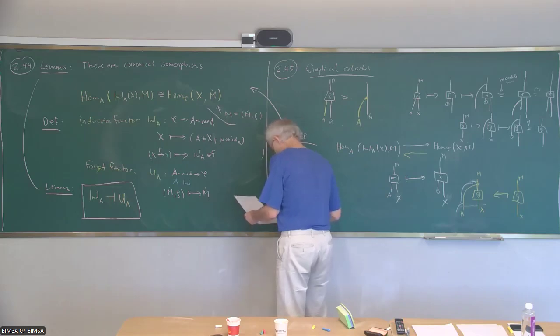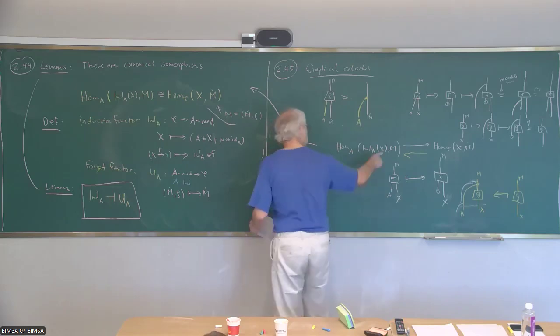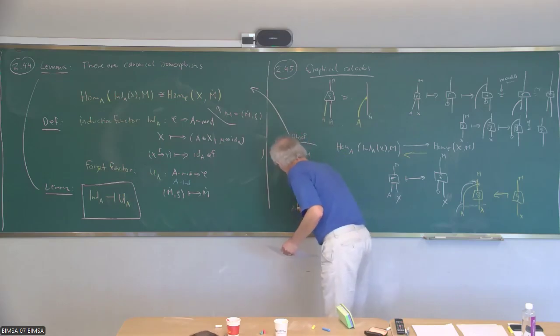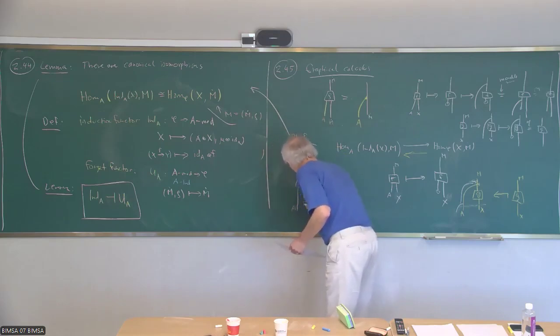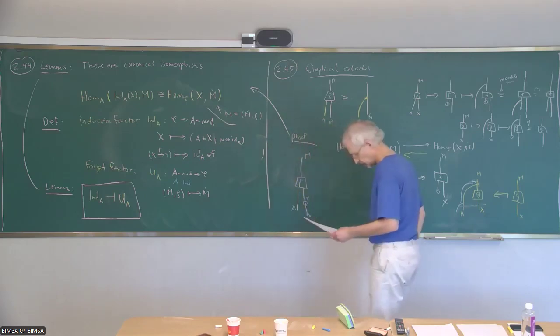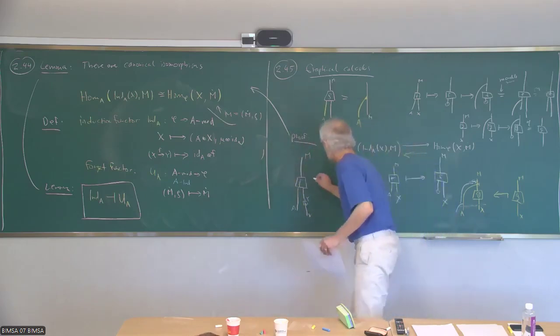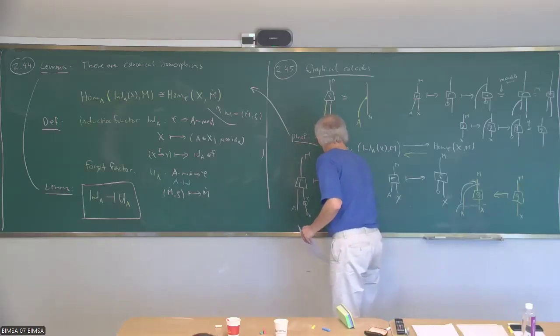If we are on this side, and now we have not X here but Y with some morphism phi from X to Y, then this is sent by our prescription to having the unit here.